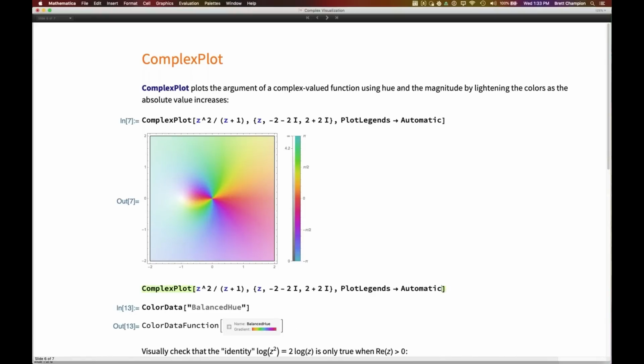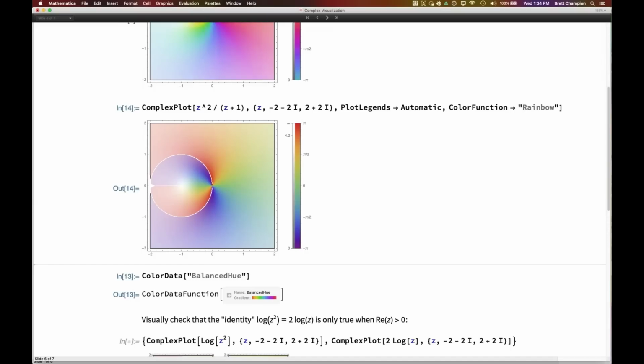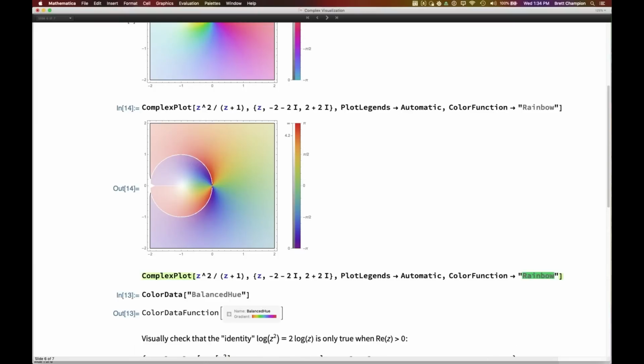That said, as with pretty much all visualization functions, you can change what scheme you want to use. So if you want a non-cyclic color function, then by all means set it to something that isn't cyclic, such as rainbow, or I think if I did, is it grayscale?